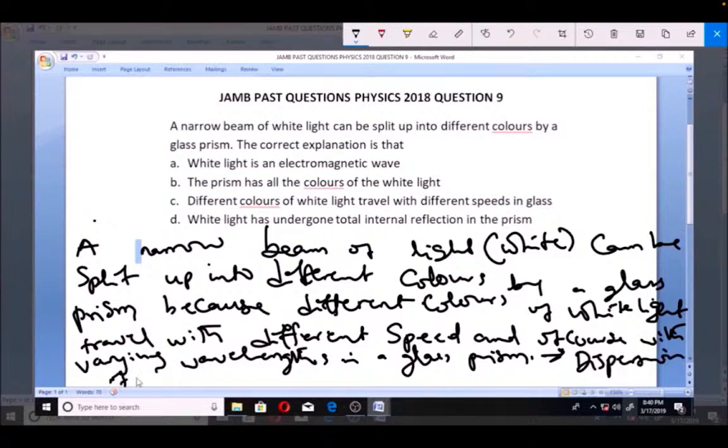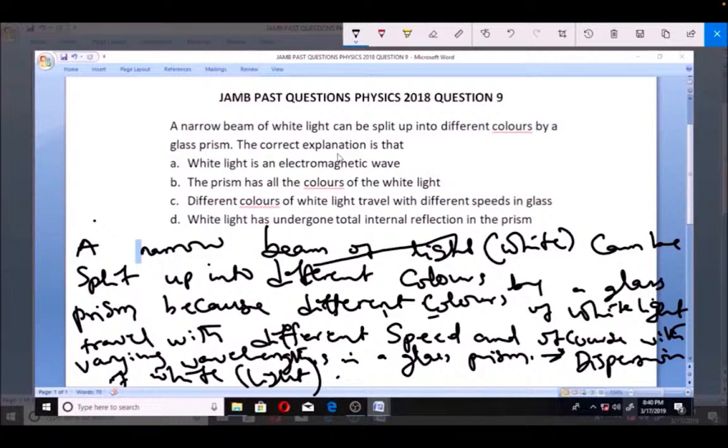Whenever you're asked what is dispersion of white light, it is what happens when a narrow beam of light is split up into different colors because of its passage through a glass prism.